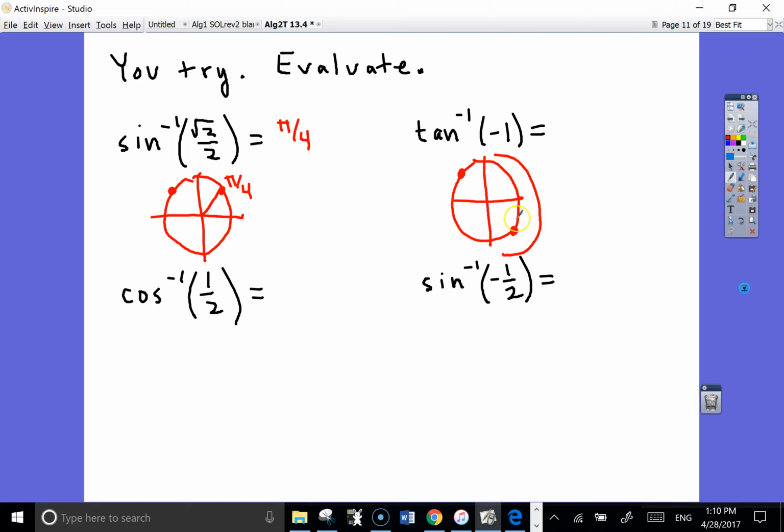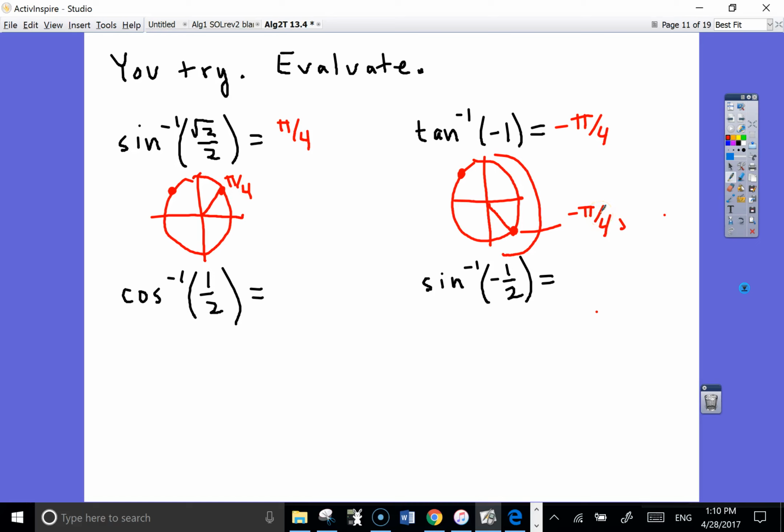And the truth is we're supposed to take these values between negative pi over 2 and pi over 2. So that would actually make this one negative pi over 4. What else? You could call it 7 pi over 4 if you want to keep it between 0 and 2 pi. But usually you would say negative pi over 4.